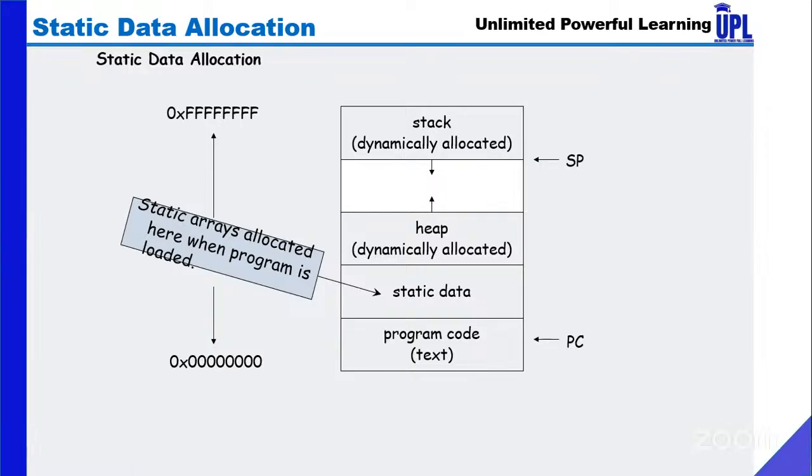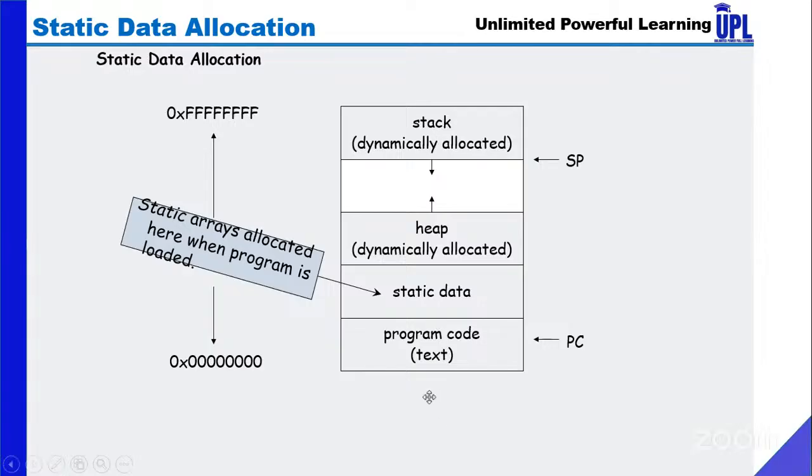As we discussed in the first session, it is stored in the hard disk, a secondary storage device. But if you want to execute it, it has to be loaded to the main memory. The main memory may be 128 MB or 512 MB or 1 GB, and it is divided in this type of structure.